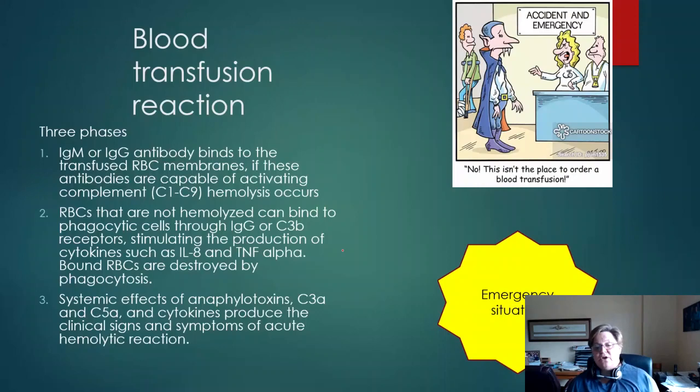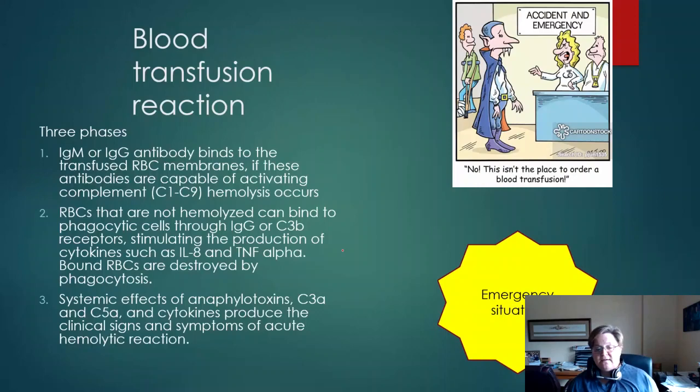The cells that are not hemolyzed can bind to phagocytic cells through IgG or C3b receptors, and that can stimulate the production of cytokines, but the bound red blood cells are destroyed.